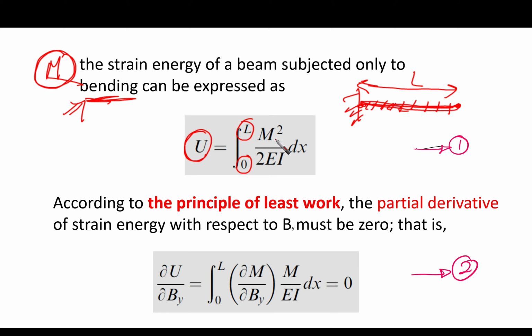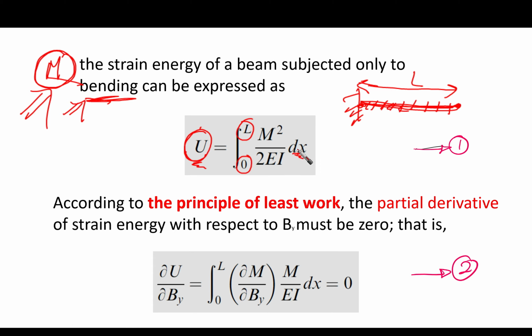So we say that the strain energy equals the integral of M squared over 2EI dx. From where did we get this? As I said in structural analysis 1, you can revisit this part, but it is important to understand that whenever we are talking about beams, the strain energy is based on bending moment. This expression is based on the least work method, which we already explained in the previous semester.